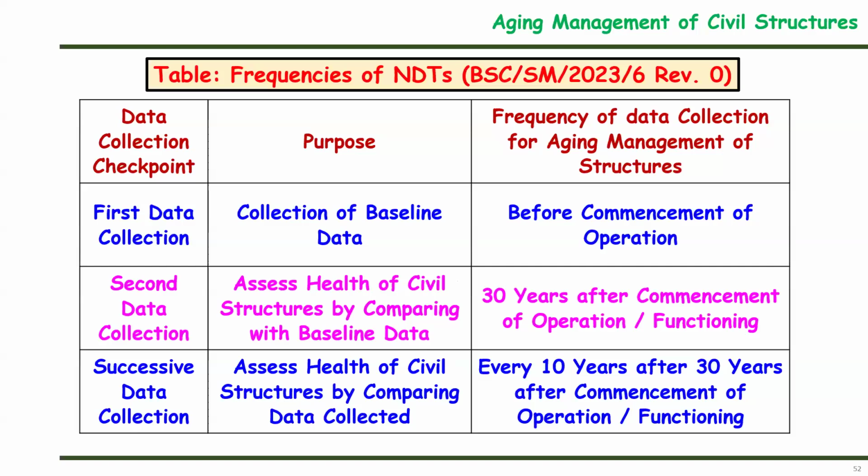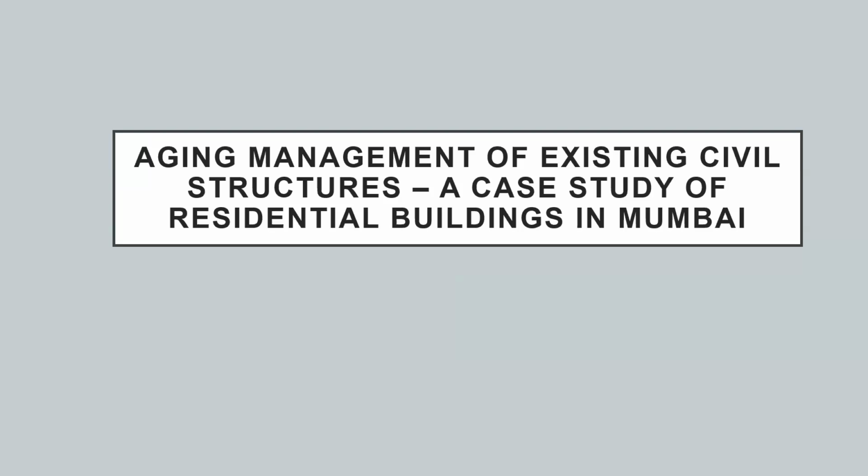Successive data should be collected every 10 years after 30 years from commencement of operation, and this will be useful in assessing the health of the structures by comparing the data collected at different intervals. So this is all about the effective aging management program of the existing civil structures.